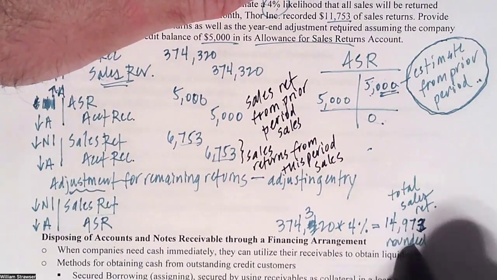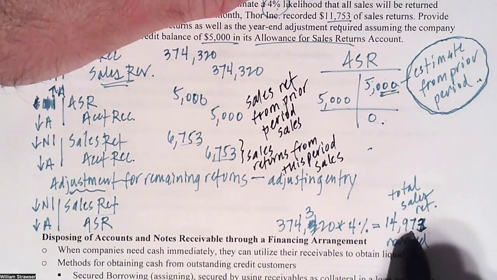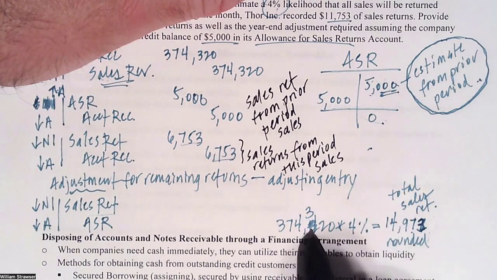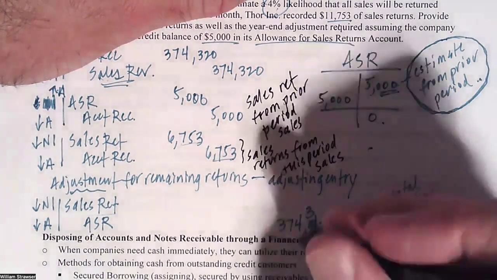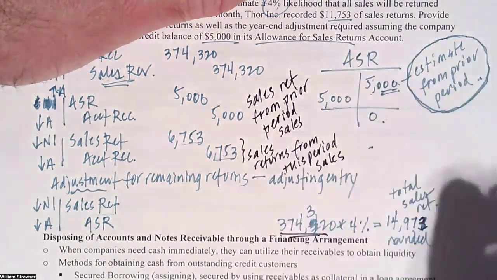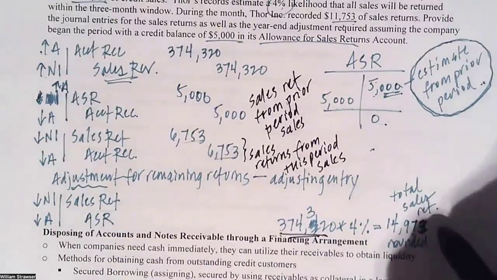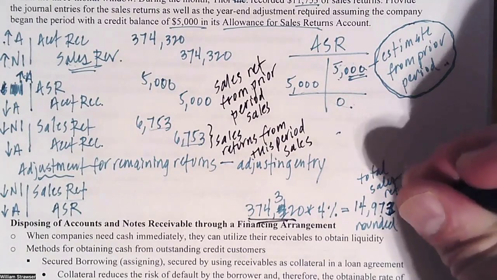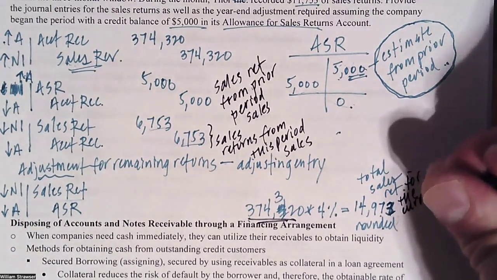What are we projecting here? Are we projecting the total sales returns from prior period? Are we projecting the sales from prior period and this period, or just this period? We're using just this period's revenue to get the total sales returns that are anticipated for the current period.